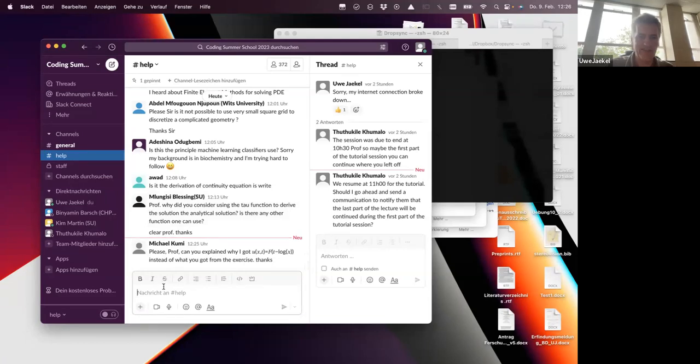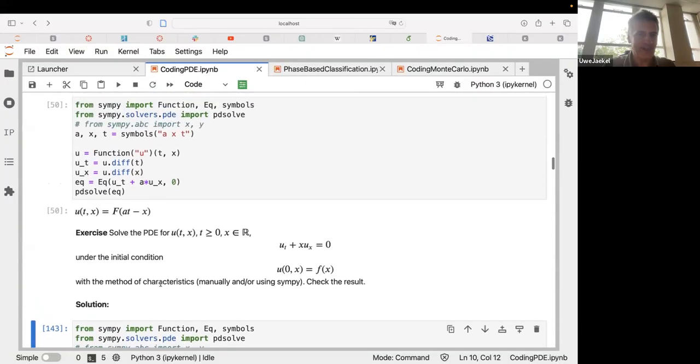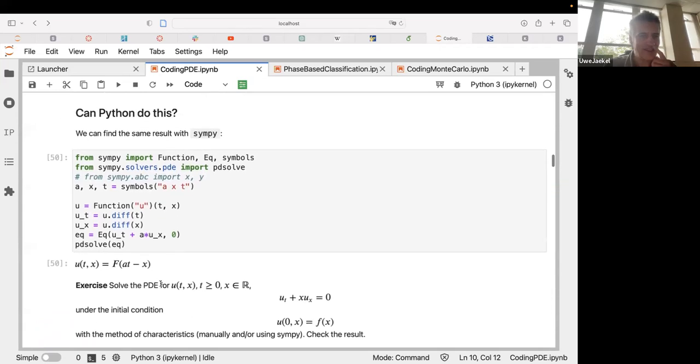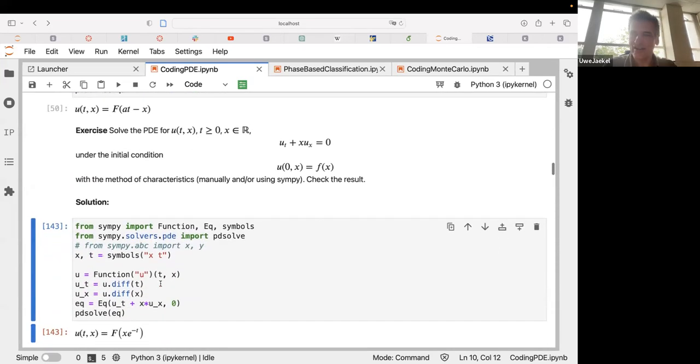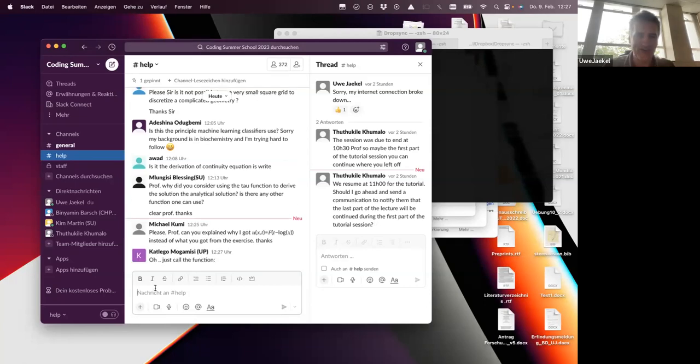Excellent question. Good, very good. So Michael asks, can you explain why I got u(x,t) equals f of t minus log x? Very good question. And actually, this can happen. The secret is this is the same solution, or a similar formulation.